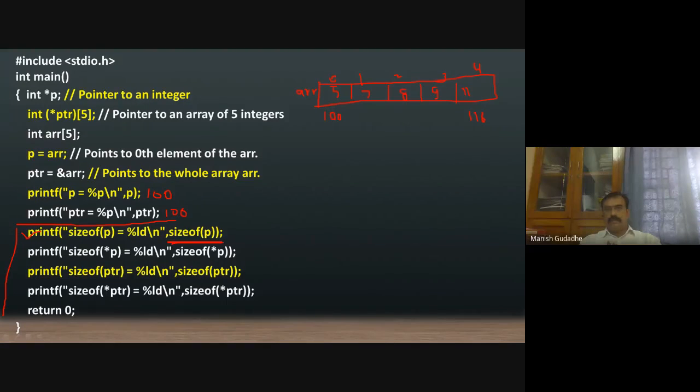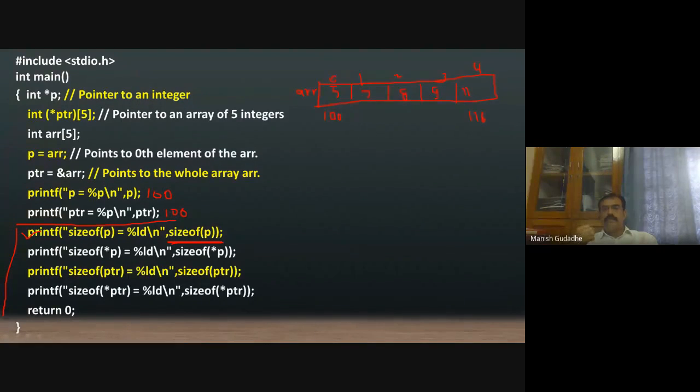16. Okay, Kshitish Kumar is saying 16. Palash is saying 8. Aditya Arikar, 8. Can anyone of you explain? Aditya, can you explain why it is 8? Aditya, your mic is not working.